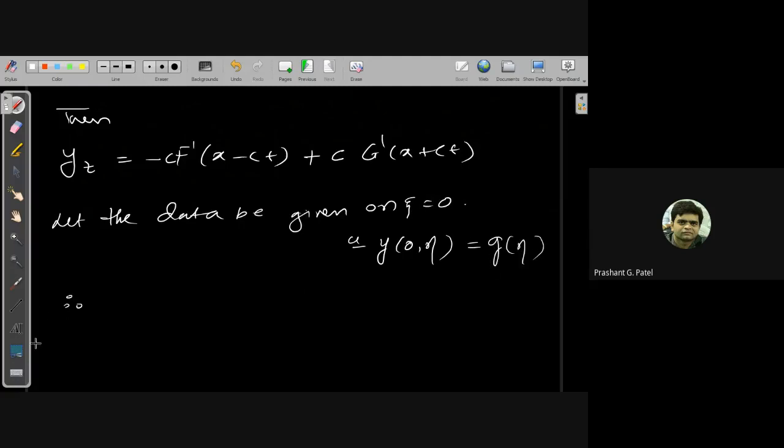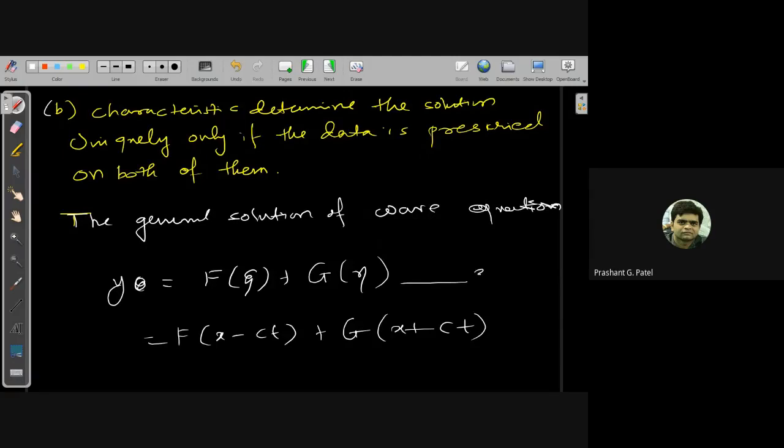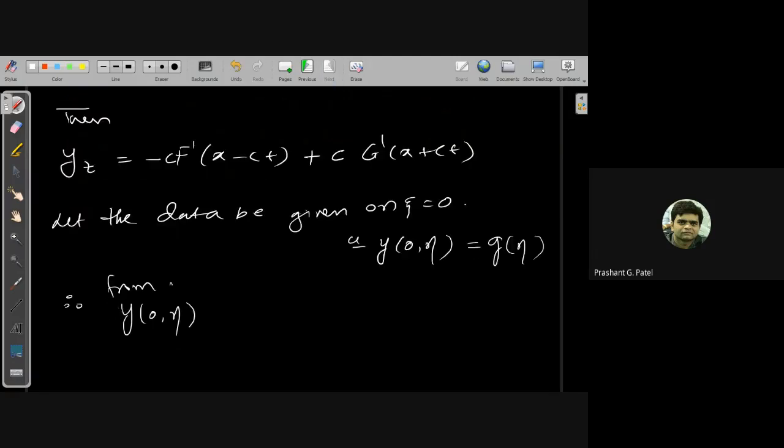So from equation 3, y of 0, eta is f of 0 plus g of eta. But y of 0, eta we have assumed is small g of eta. So that gives me small g of eta equal to f of 0 plus capital G of eta.